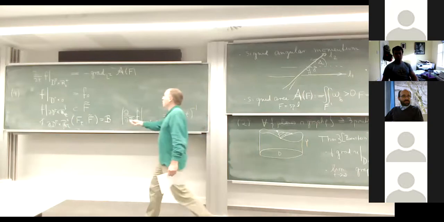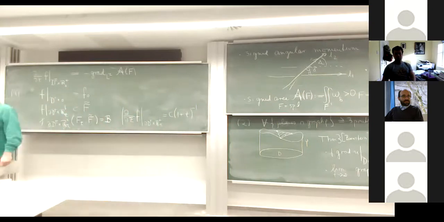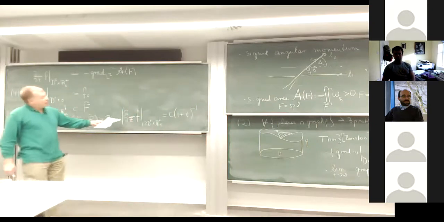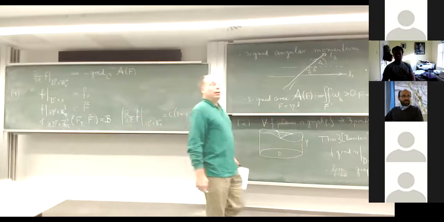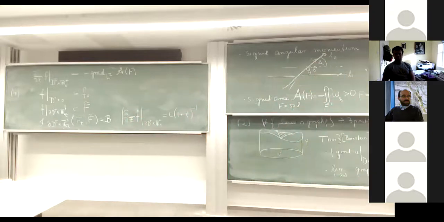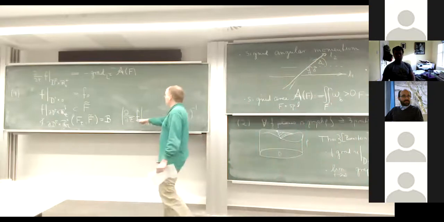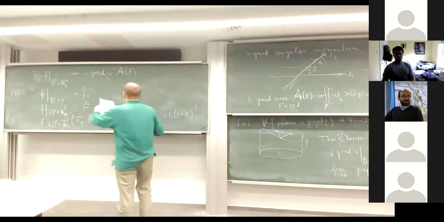So this is the constant angle condition, and this is another first order condition that forces the boundary slope to become holomorphic as t goes to infinity. This vanishing is just the Cauchy-Riemann equation for f.